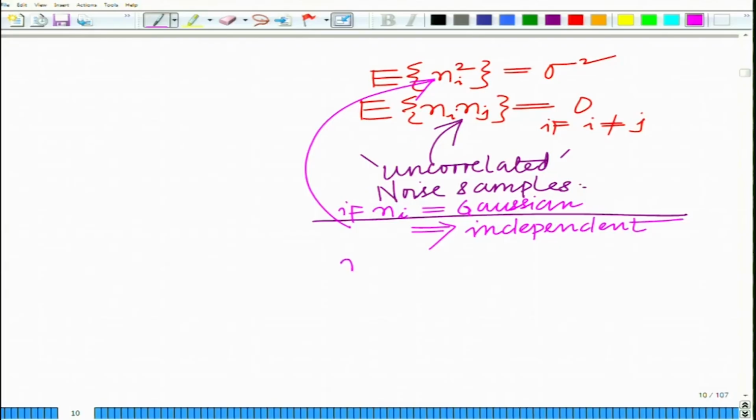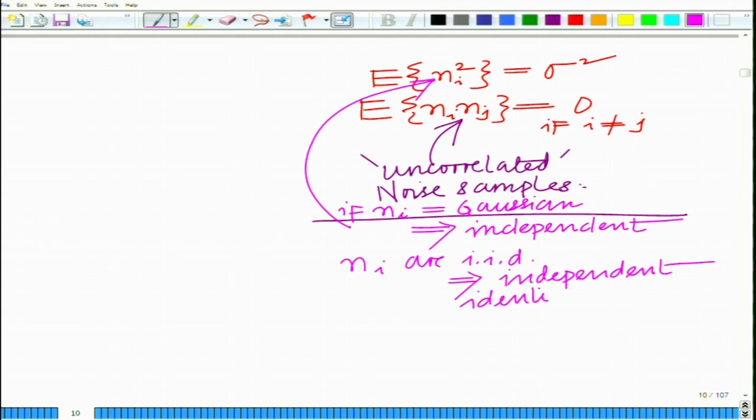Identically distributed in the sense that they have 0 mean and identical variance sigma square. So we say the noise samples Ni are IID, independent and identically distributed.